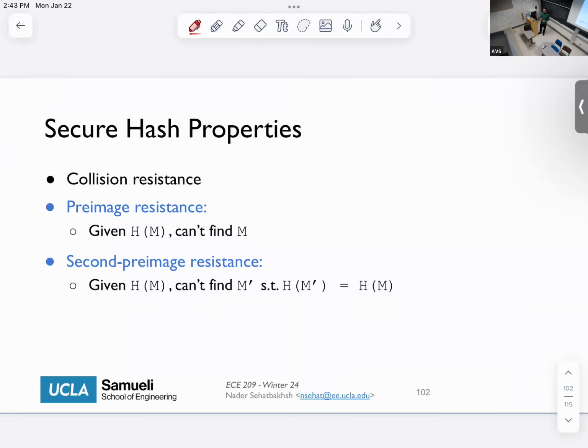It says that if there is a known hash, you cannot find another message that has the same hash. So this is the idea of pre-image and second pre-image. Collision resistance is usually the strongest one. It says that you cannot find any two messages and say, okay, these are the two messages and these are the hashes for those two messages.